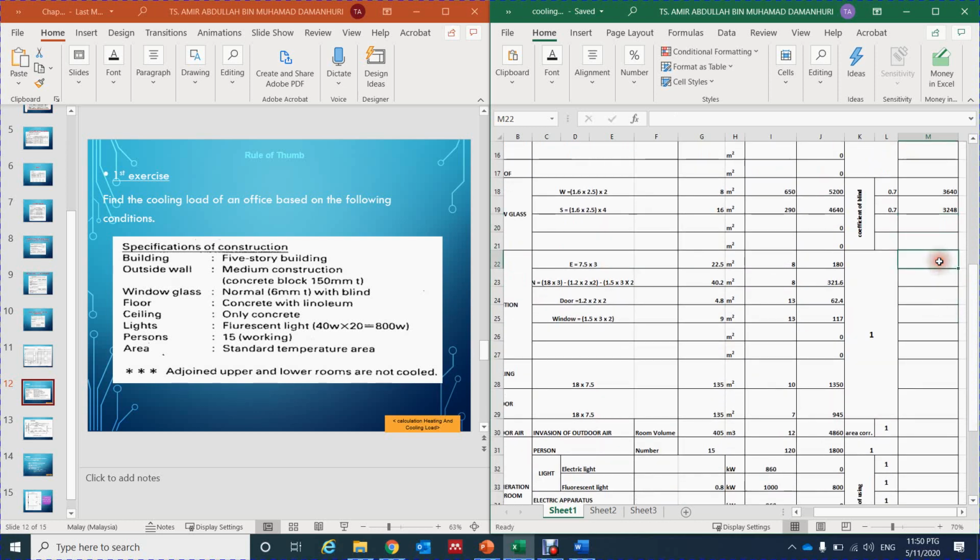We try to drag it, can we get the data? So you try to drag it until here, so at least you can get the data here. Please check the formula, so just drag it here.